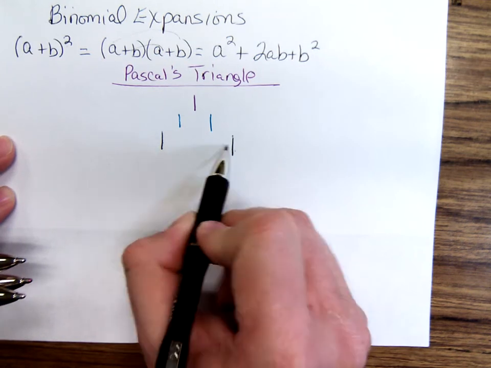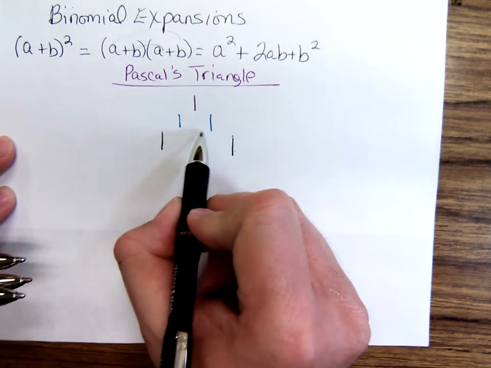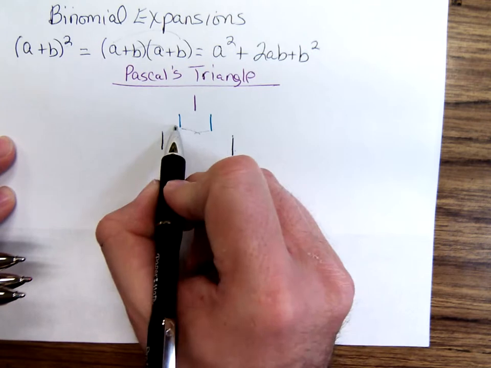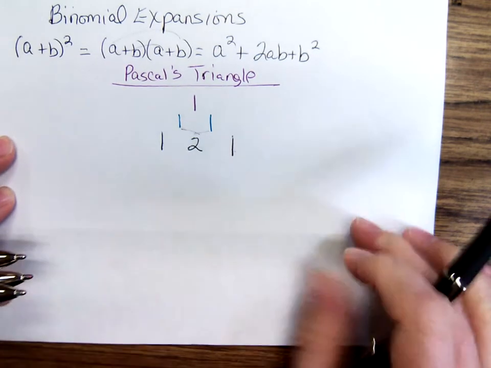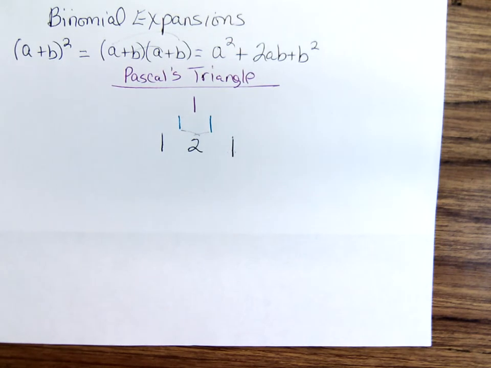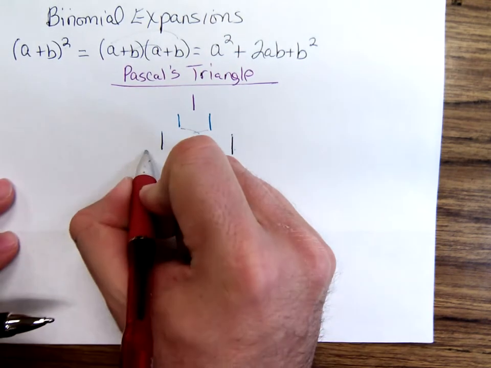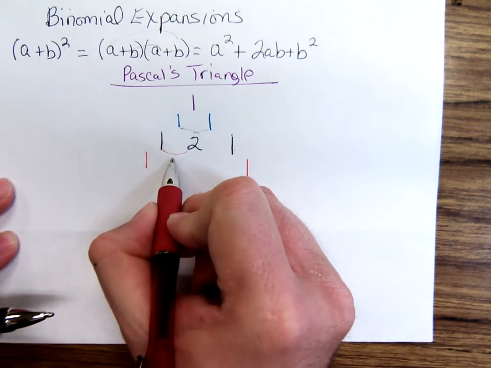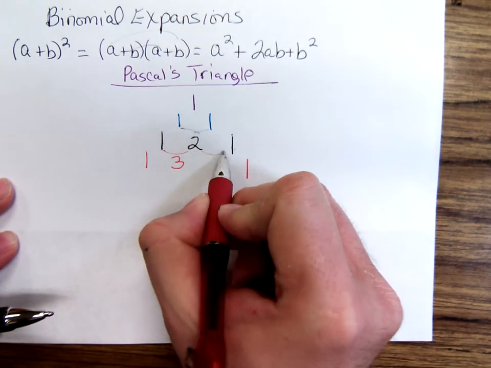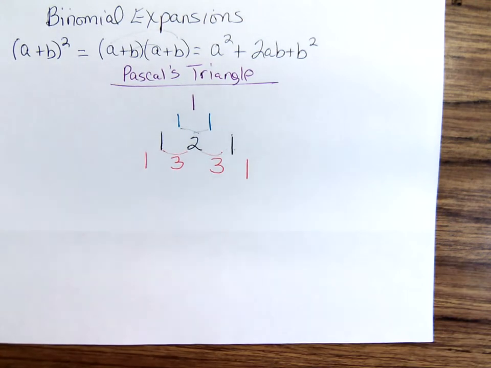To get that middle number, you add the 2 numbers up above it. So I'm adding these 2 blue 1s to get a 2. Next row begins and ends with 1. Add the 2 numbers up above it: 3, 3.